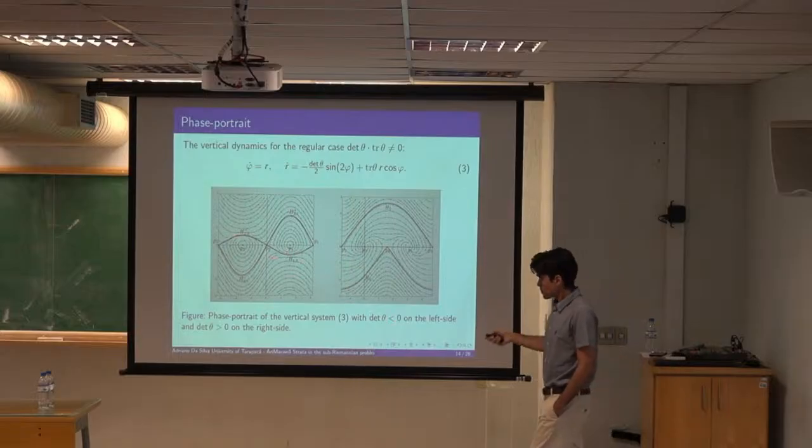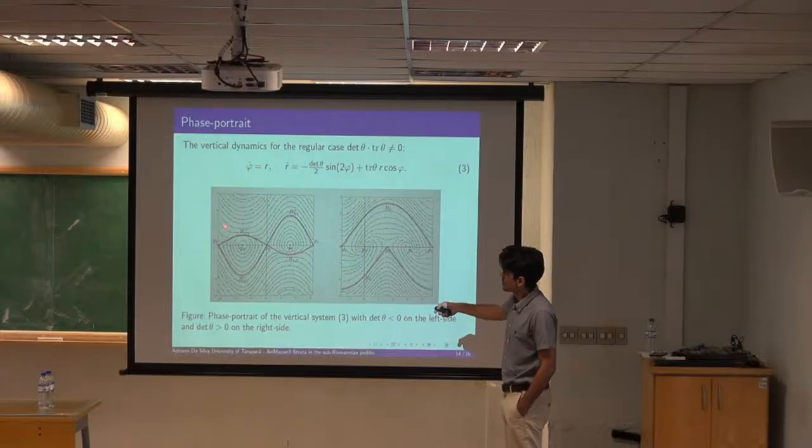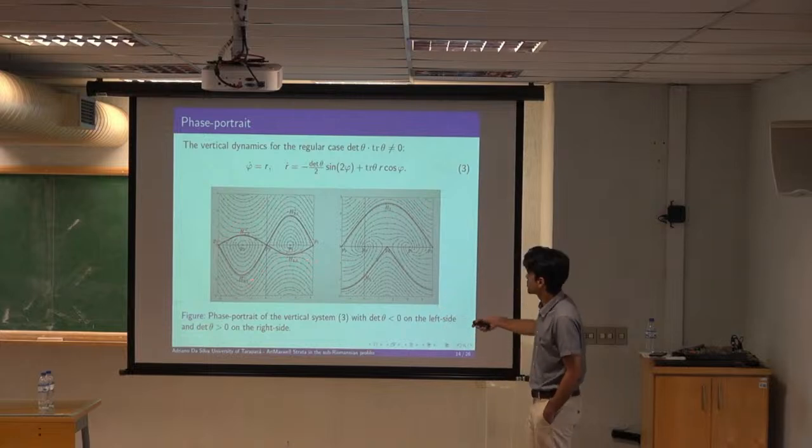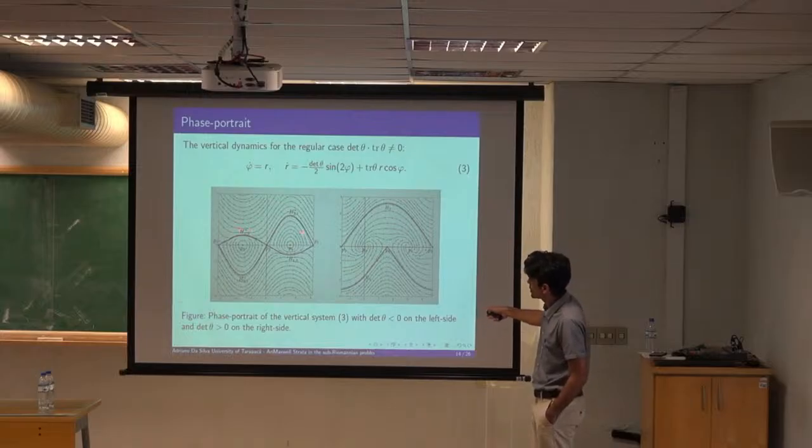Okay? And you still have symmetries. For instance, here you can easily see that you have the symmetry related to the origin. You have another symmetry where you take one point here, translate it by pi, and go under by minus r, meaning that this curve here will be taken to this curve here.